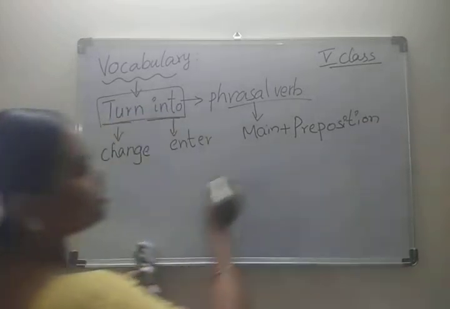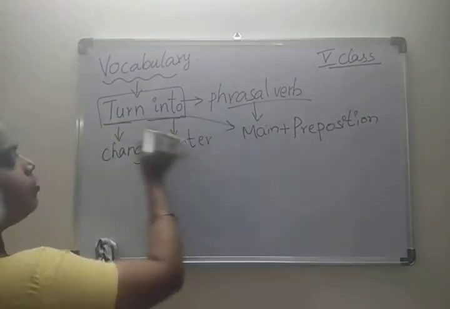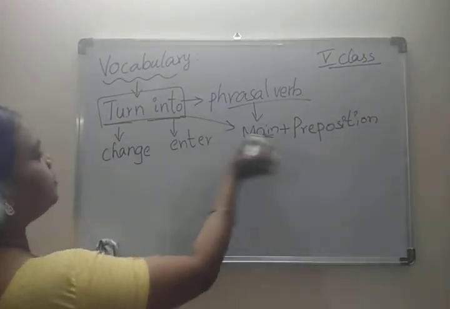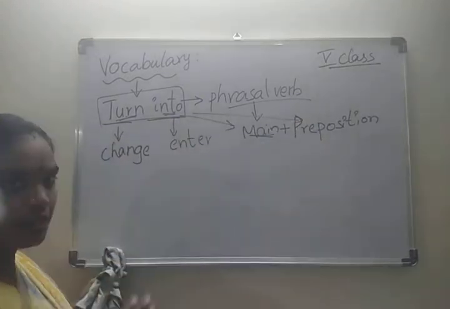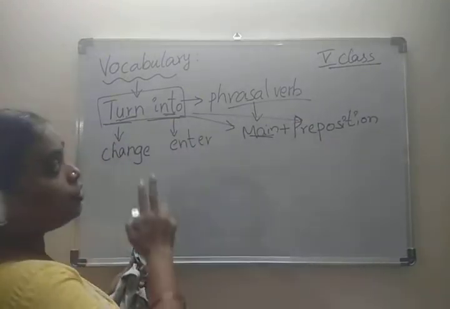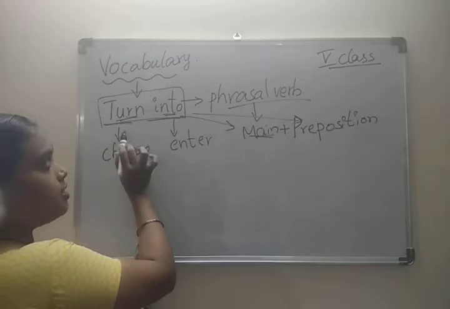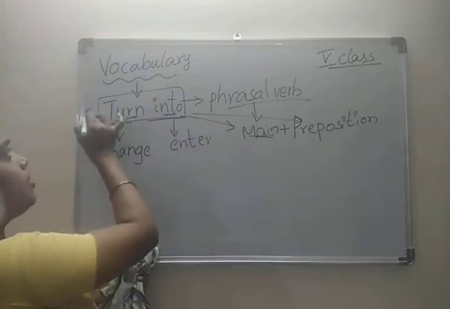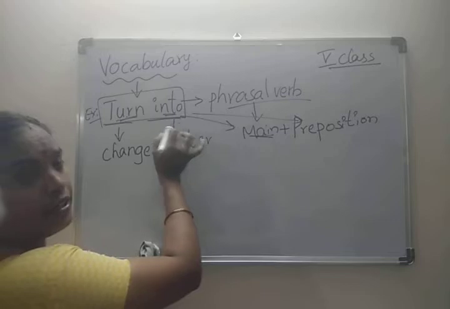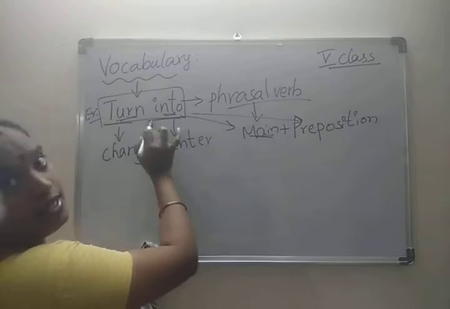Turn is the main verb, and into is the preposition. So a phrasal verb has two words, the main verb and the preposition. Here the example is turn into.